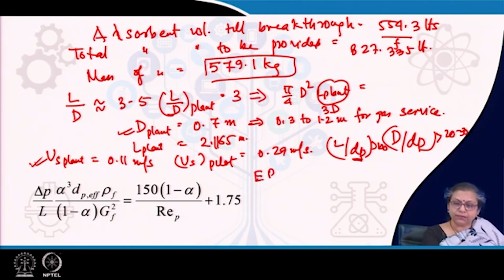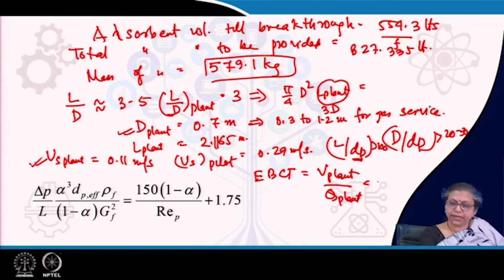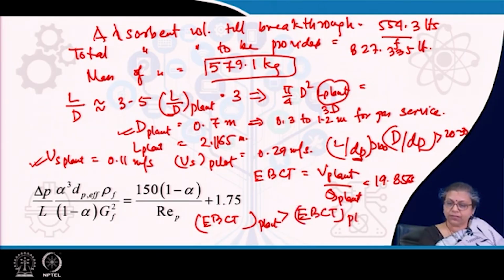Next, we need to check the EBCT. The EBCT in this particular case is nothing but V plant by Q plant. We find it is about 19.856 seconds. Now, this EBCT for the plant is much greater than the EBCT for the pilot scale, which was 1.8 seconds.